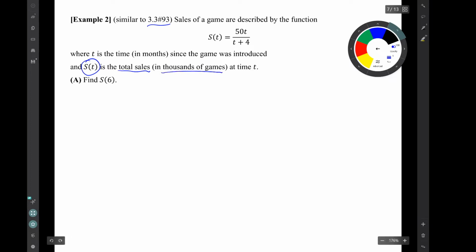So in other words, the function S of t is not describing the amount of money you get from the selling of the games. It's just describing the number of games you sold at time t, the total number of games that you sold by that time. And it's the number of thousands of games. Okay, question A. Find S of 6.